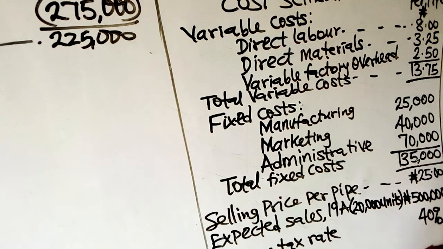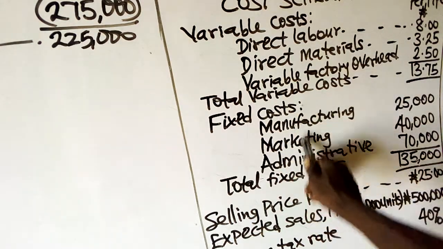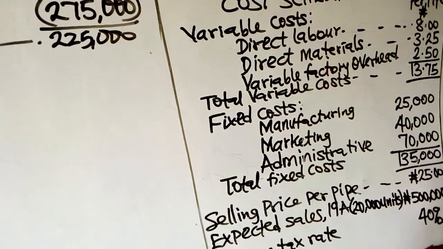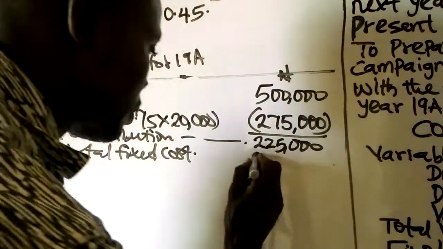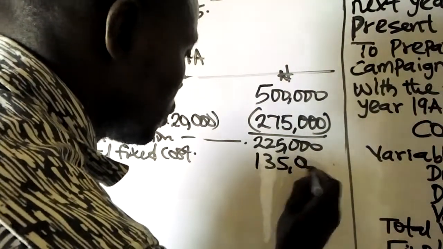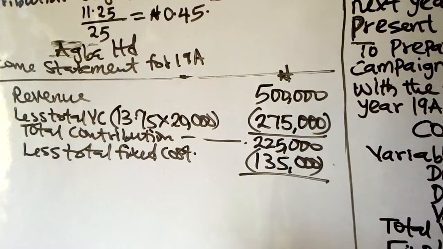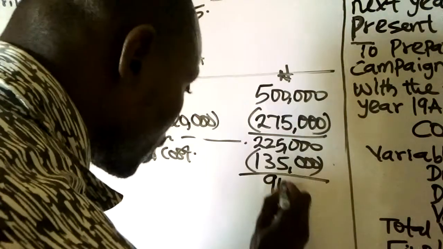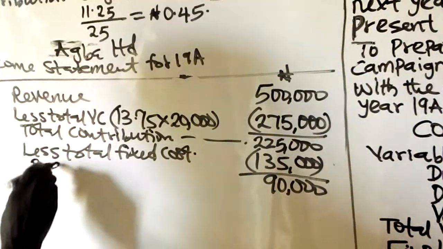You were told the makeup of the fixed cost, and the total is 135,000. When you subtract 135,000 from 225,000, then you'll be left with 90,000. This 90,000 represents profit before tax.